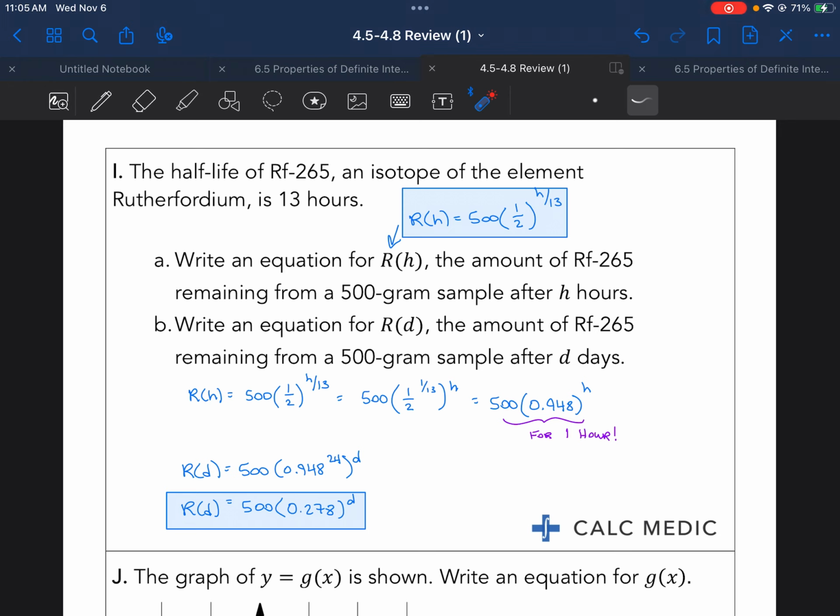So instead of H over 13, I did 1/2 to the 1/13th power raised to the H power, and I got my function for every 1 hour instead. Now part B is asking after D days. So I raised this power, 0.948, to the 24th power, because there's 24 hours in a day, to get my new function that's going to represent each day instead of each hour.